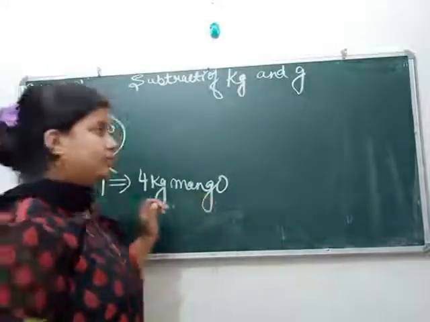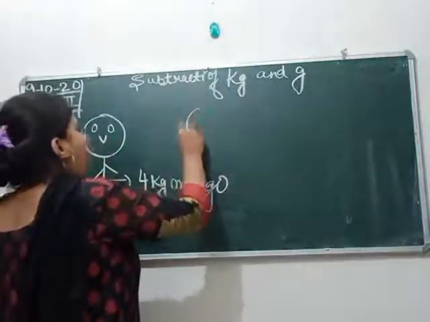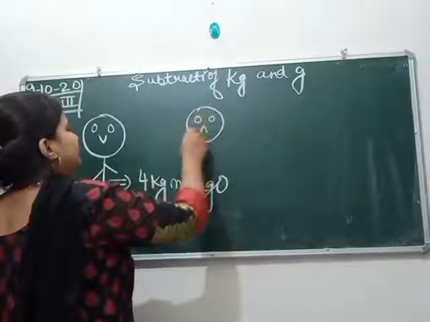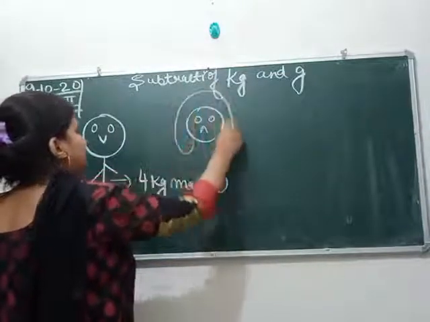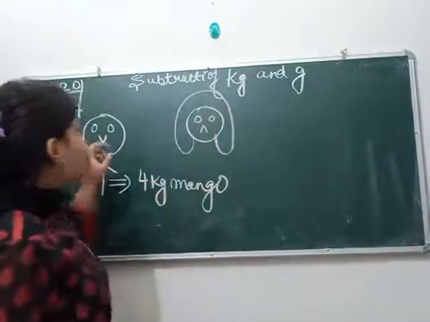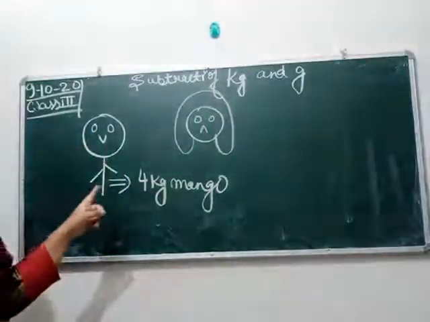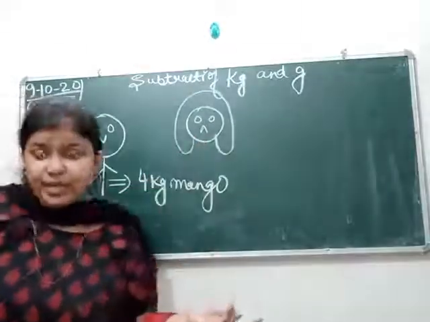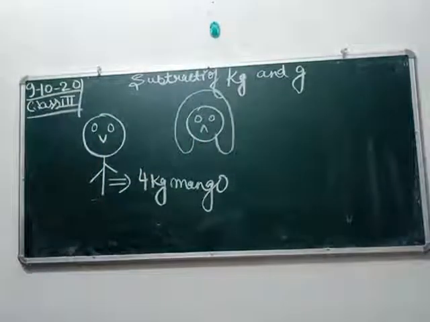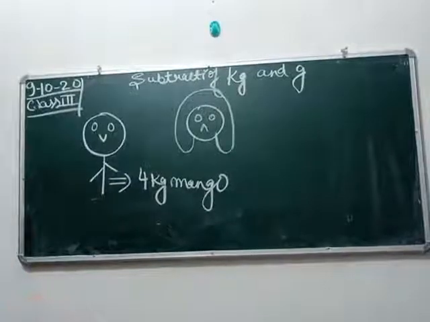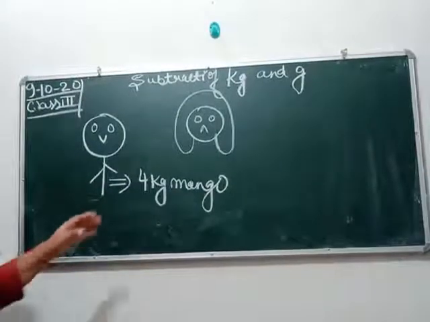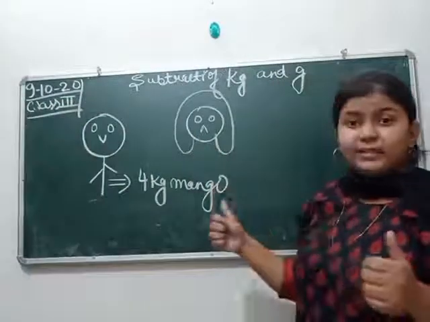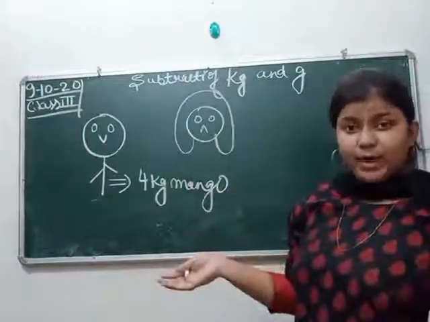Now who is she? And why is she upset? Tell me why she is upset. She is upset because Ram has 4 kgs mango and she has none. She doesn't have any mango.